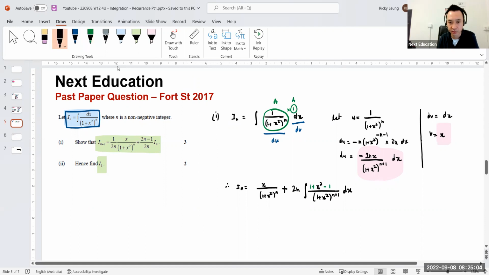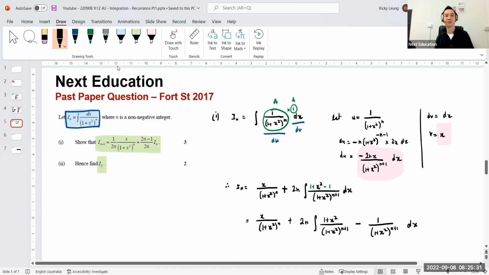So in this case, x on 1 plus x squared to the power n plus 2n. Split this integral into 1 plus x squared over 1 plus x squared to the n plus 1, minus 1 over 1 plus x squared to the n plus 1 dx.